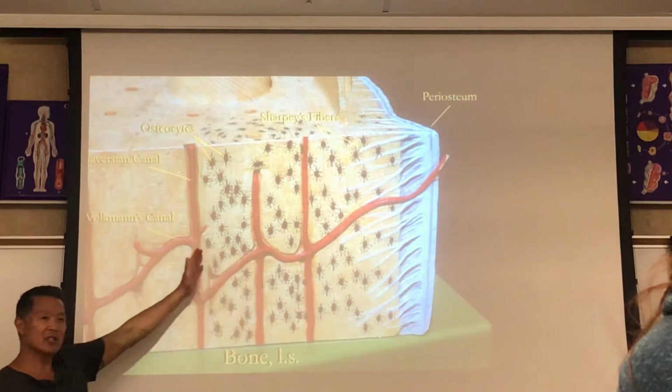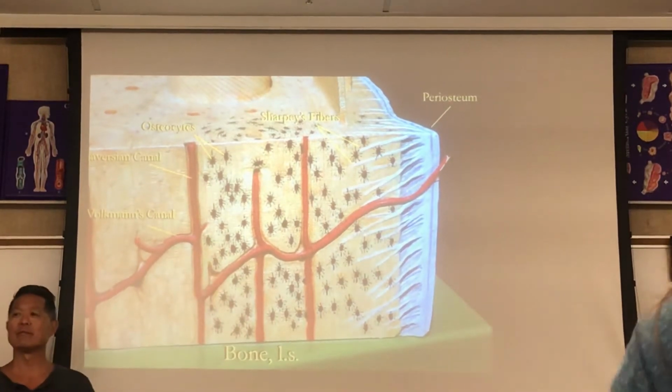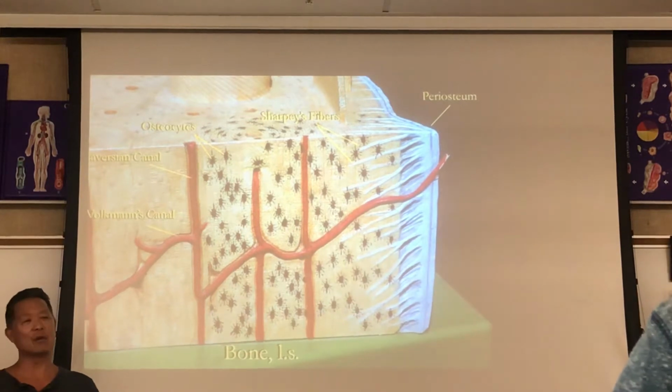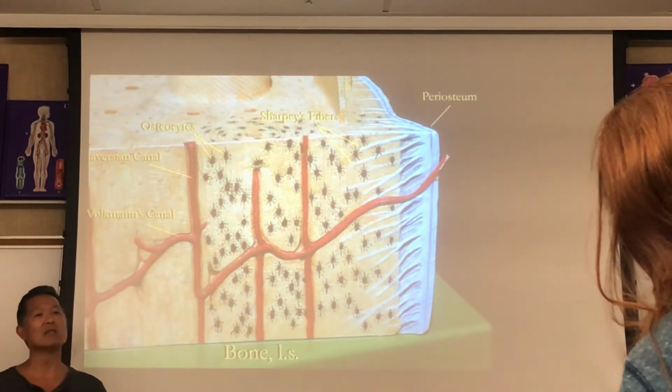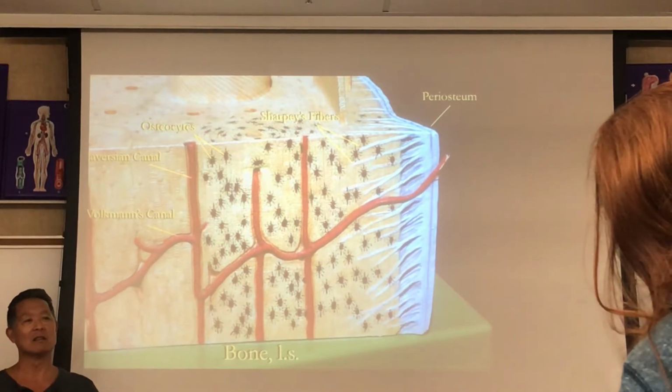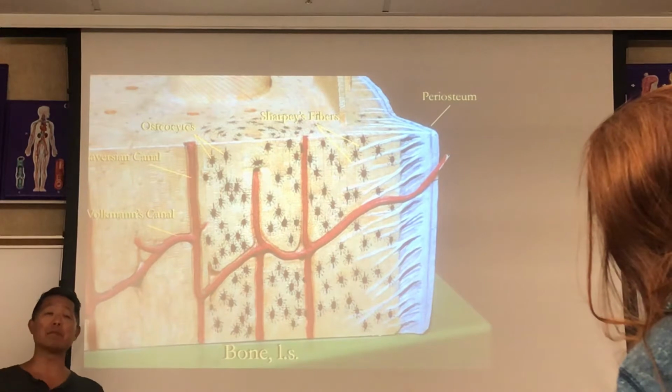Every red line here that's vertical is in a central canal. Any red line here that's not vertical is in a perforating canal.